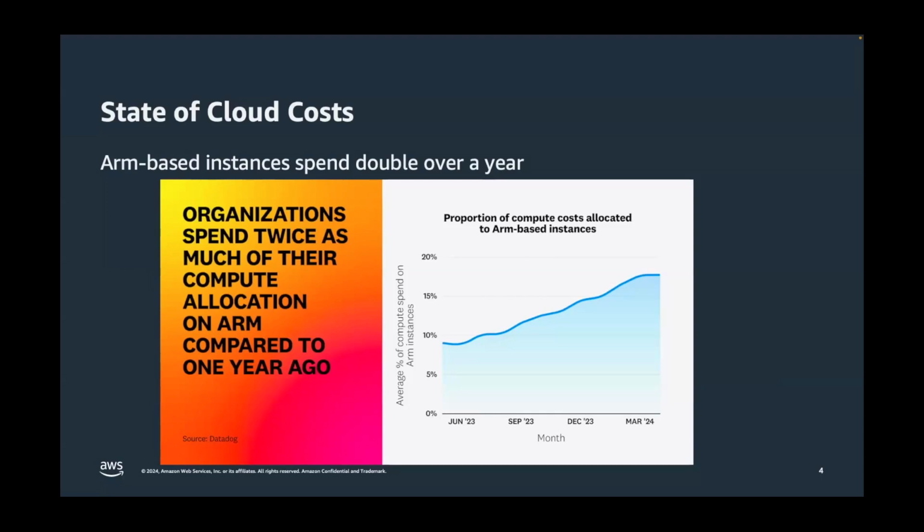And what they found is that for those customers who are using Graviton ARM-based instances, 1 year earlier it comprised 9% of their EC2. And a year later, it actually went up to 18%. So that's 100% growth, and it's quite a lot. In time to come, many analyses predict that it will probably occupy half of the data center.